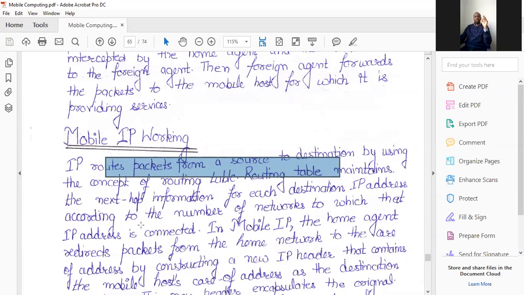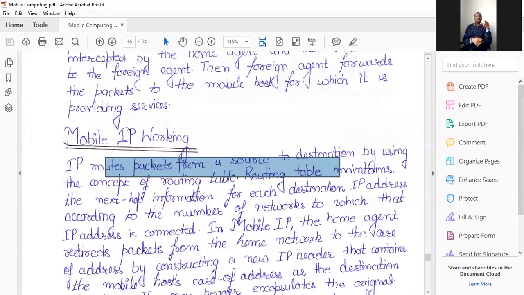Number two, encapsulation. Before those data packets are redirected to the foreign networks, they have first to be encapsulated, bound up together to be, number one, recognized. Number two, to treat much data with minimal bandwidth, hence bandwidth efficiency, right? Number three, identifying the foreign agent, and it is the home agent that identifies.